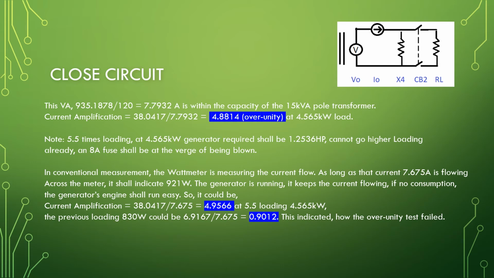The previous loading, 830 watt, would be 6.9167 divided by 7.675 equal to 0.9012. This indicated how the over-unity test failed.